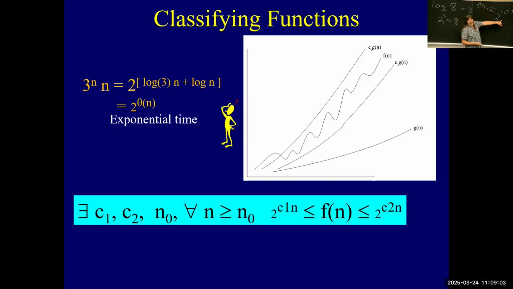For big n, this is bigger, so it's bounded by 2 to the cn. I can put in a billion here. It's still bounded by this for big n. Everybody good? What can we slide under the rug?